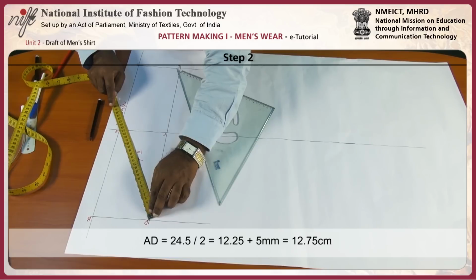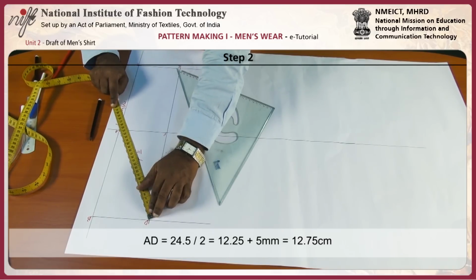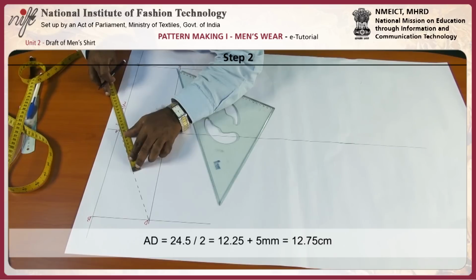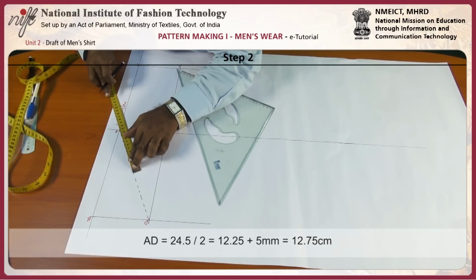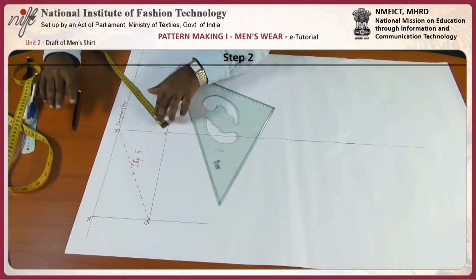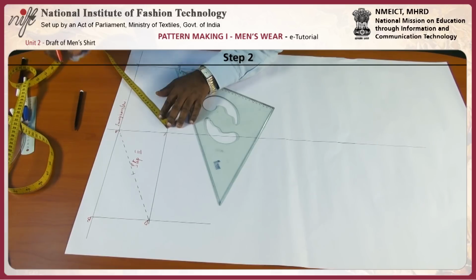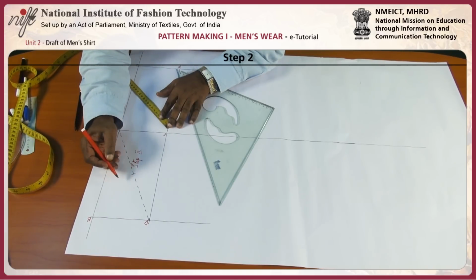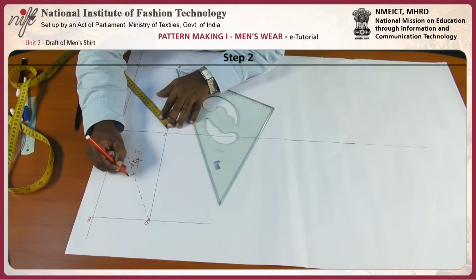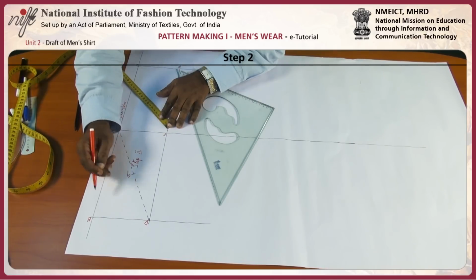AD is 24.5, half will be 12.25 plus 5 mm will be 12.75, can be considered 12.8. This is point G.